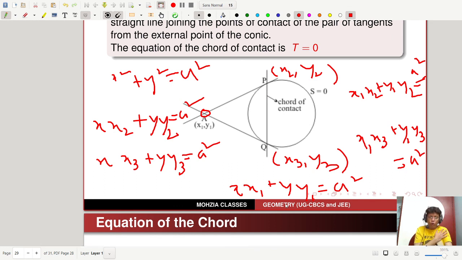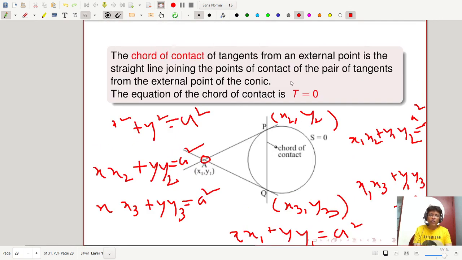So the chord of contact is given by something similar to the tangent at (x1, y1). The equation of the chord of contact is T equal to 0, that is, x x1 plus y y1 equal to a squared. That is the proof. You have to remember the chord of contact is given by T equal to 0.